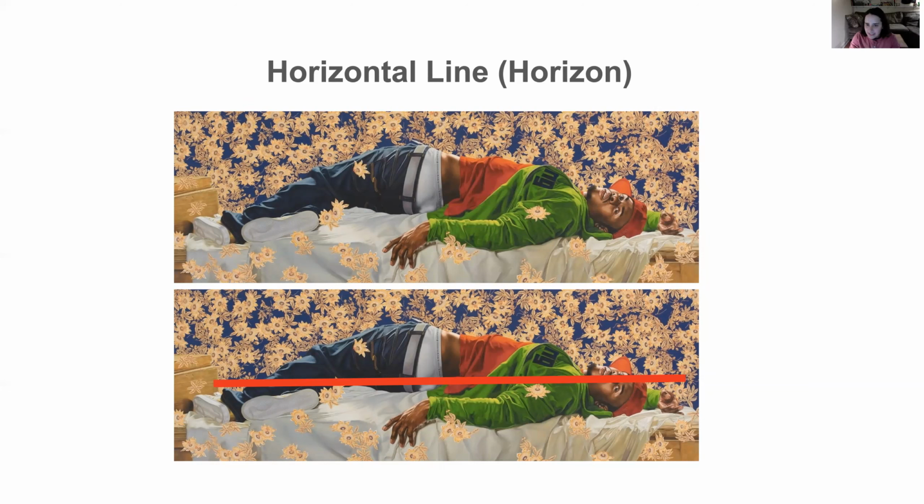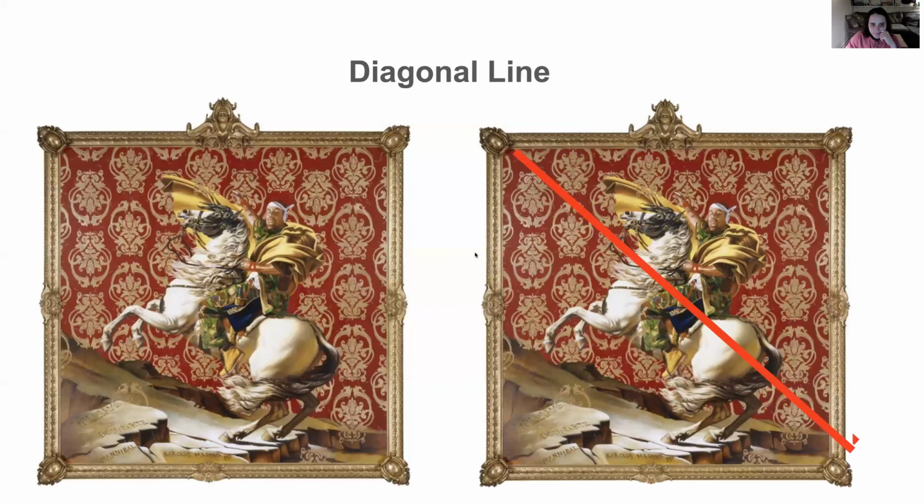It's more passive, reclining, softer, maybe submissive. We often see female nudes in a reclining position. So even this connection maybe to sexuality. And then the diagonal line, you can think of the Nike swoosh. It's connected to action, movement.